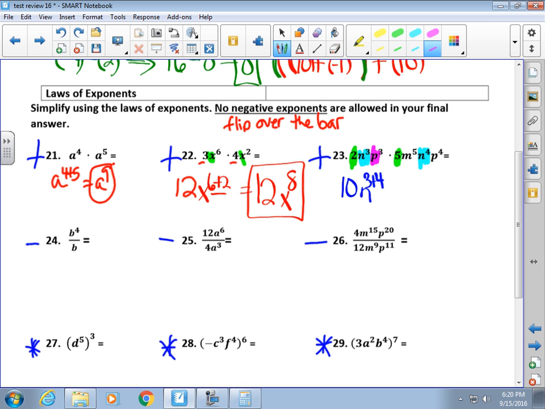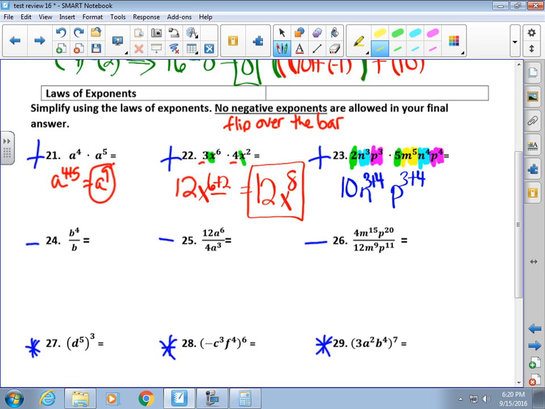I have a p to the 3rd and a p to the 4th. Okay? So my rules still tell me to add. So p, 3 plus 4. And then I had 1 left. So I'm done over here, but now I'm over here. I have this m to the 5th.